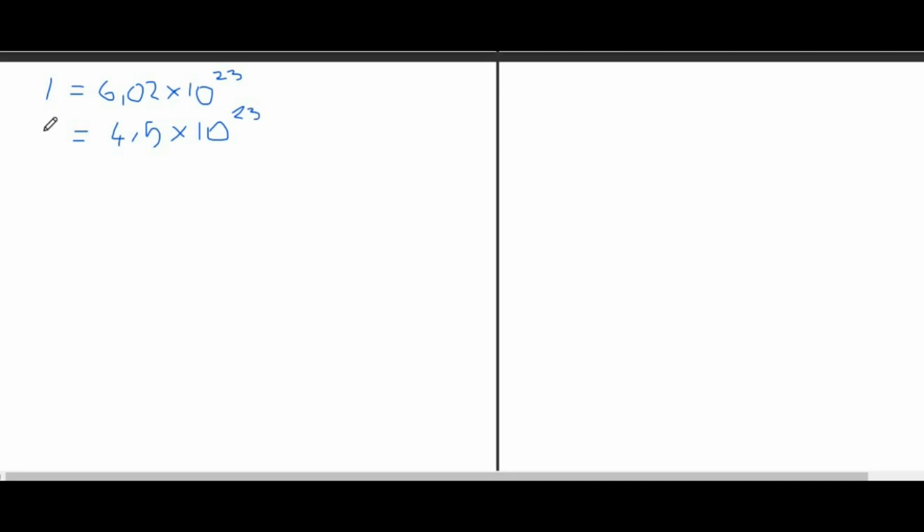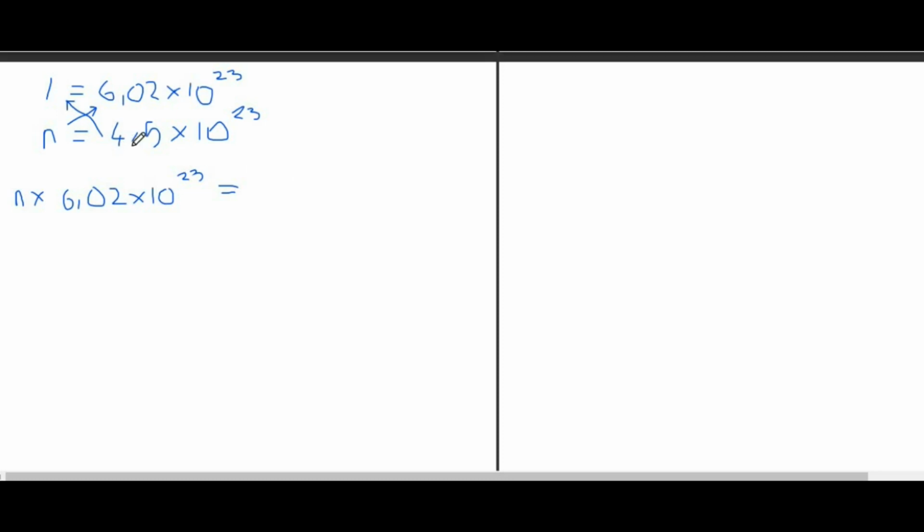But I'm looking for the number of moles, so let me just write n there, and to find n I can just cross multiply. So I'll say n multiplied by 6.02 multiplied by 10 to the power of 23, which will now be equal to, on this side, I'll cross multiply 1 by 4.5.